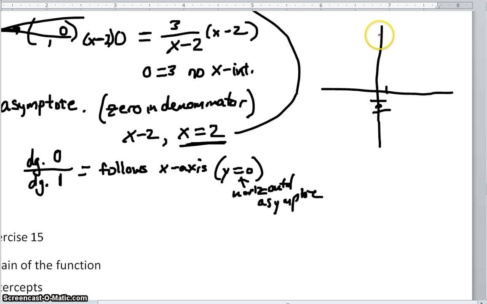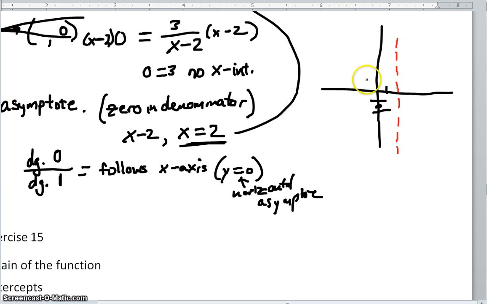So this is a line that it's not going to cross. And we know that in the end this graph is going to eventually follow the x-axis.